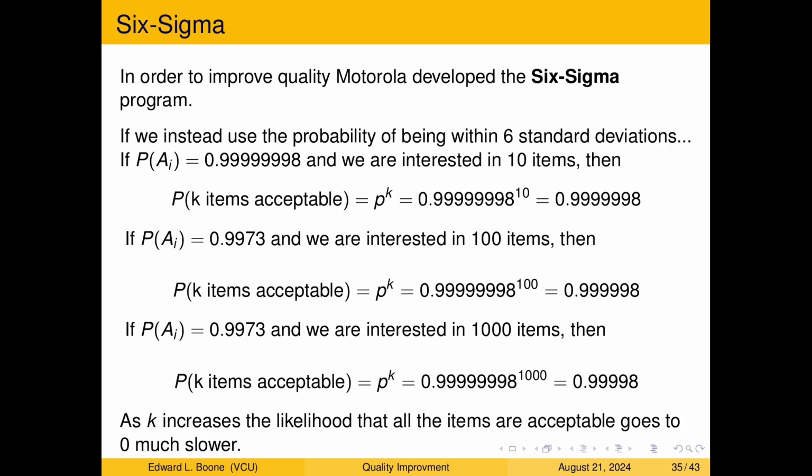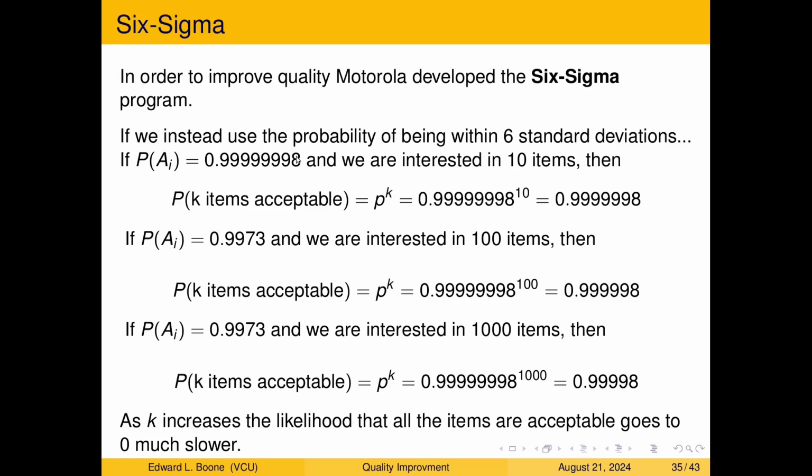So Motorola said, well, is there a value that's high enough that it's kind of robust to the exponent that I use on it? So they chose 6 standard deviations. And the probability that a value lands within 6 standard deviations of the mean is this many 9s and an 8.